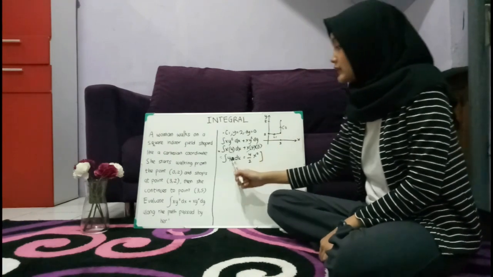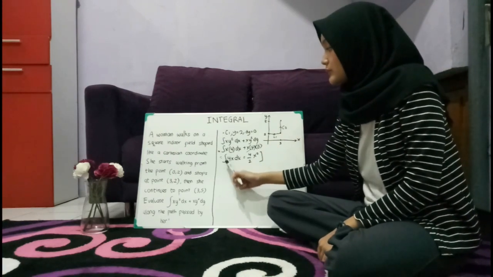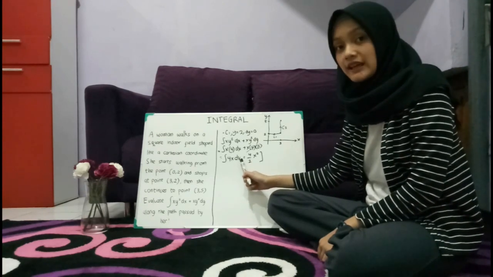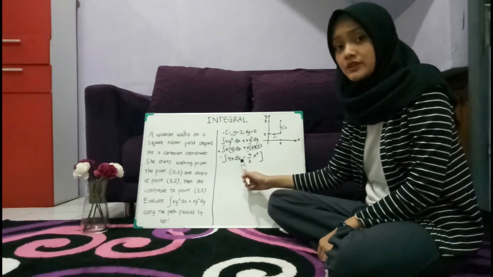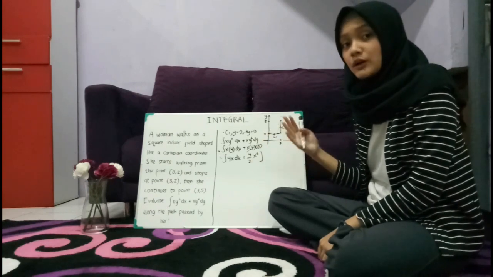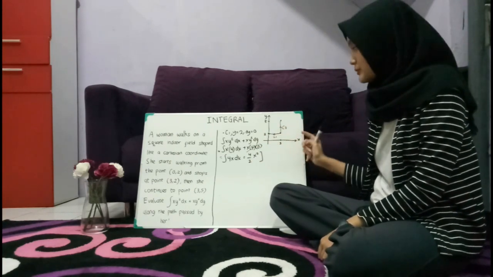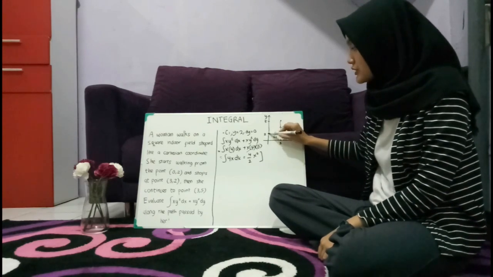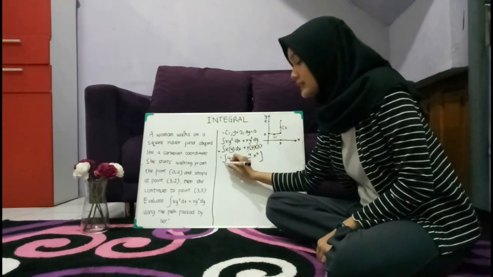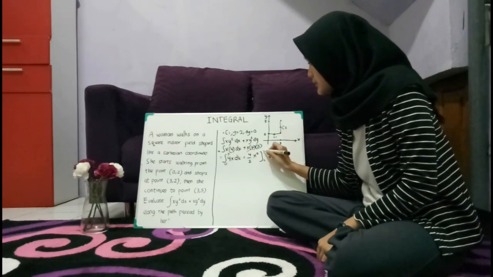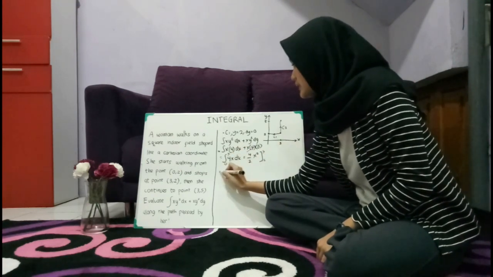How do we know the boundary of this integral? First, we have to see that it's an integral of dx. So we just have to see the boundaries of x on the x-axis. The x is from 0 to 3, so we get the boundary from 0 to 3. Then we calculate 2x² from 0 to 3.